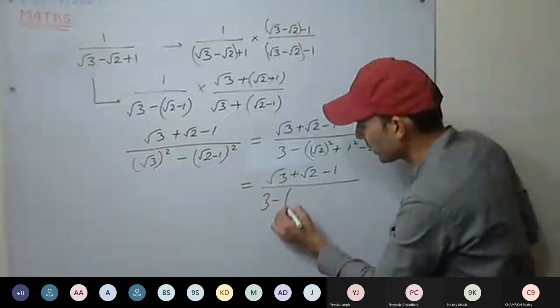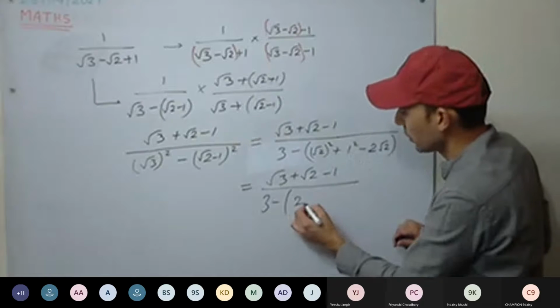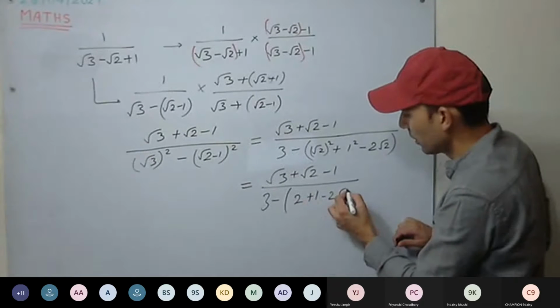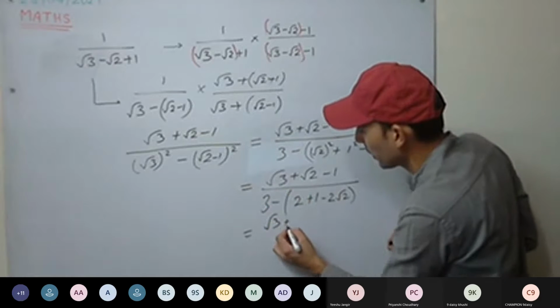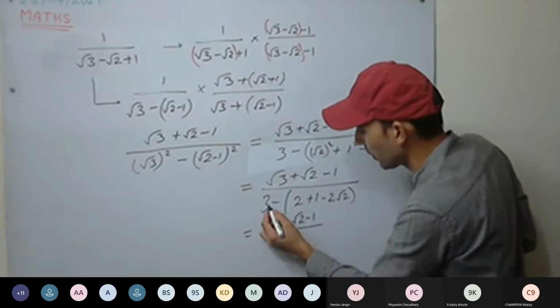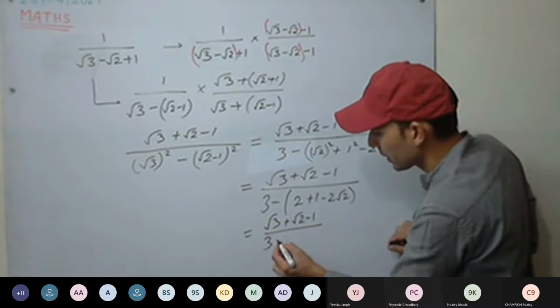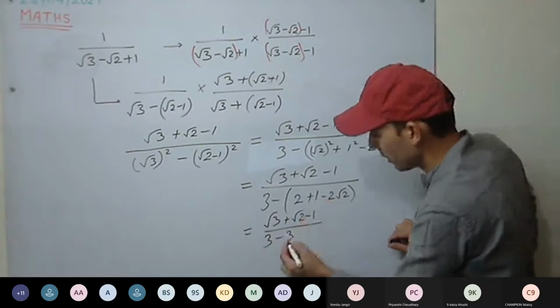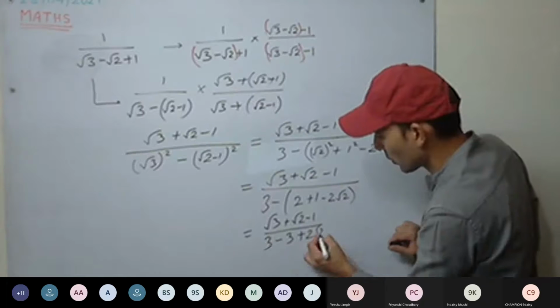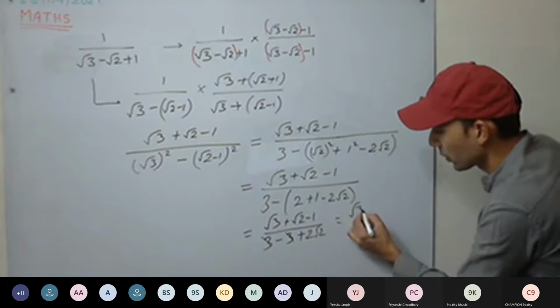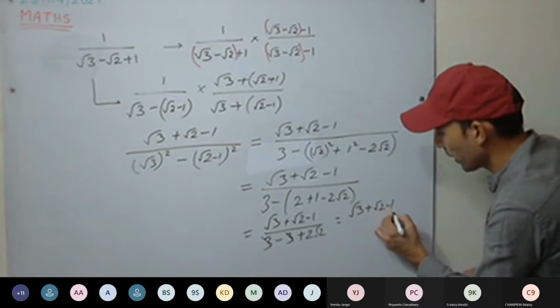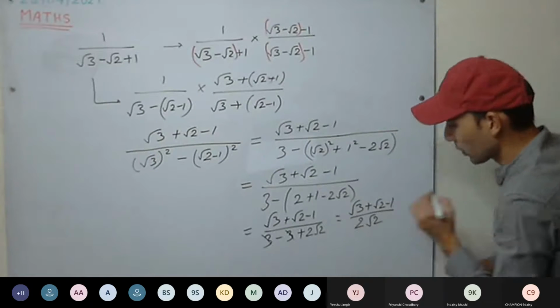It will be 3 minus, root 2 square is 2, plus 1 minus 2 root 2. Root 3 plus root 2 minus 1 divided by, open the bracket, 3 minus 3 plus 2 root 2. 3 minus 3 is 0. Root 3 plus root 2 minus 1 divided by 2 root 2.